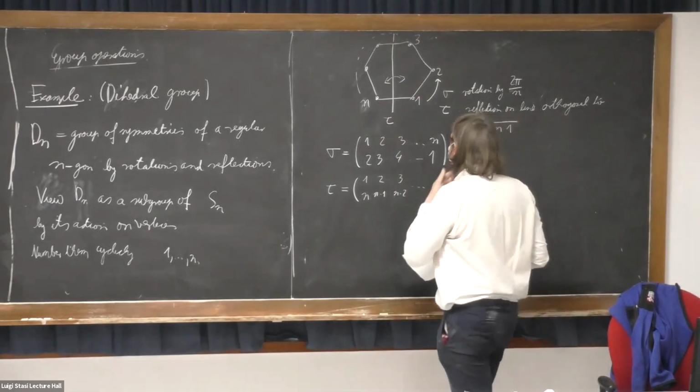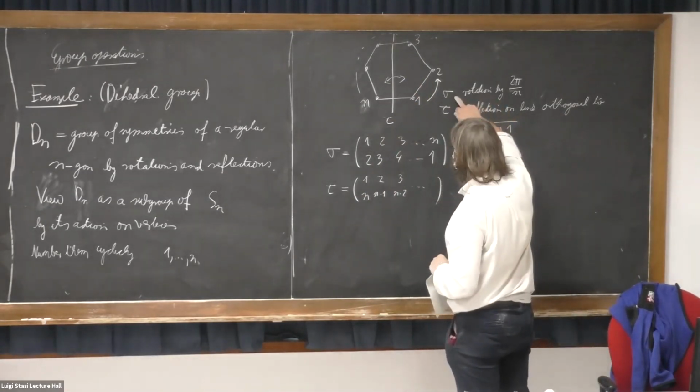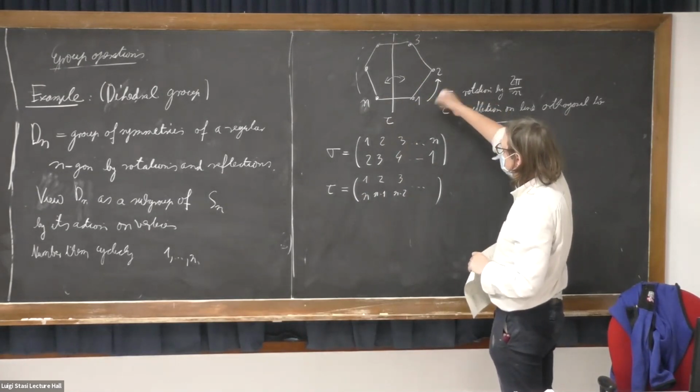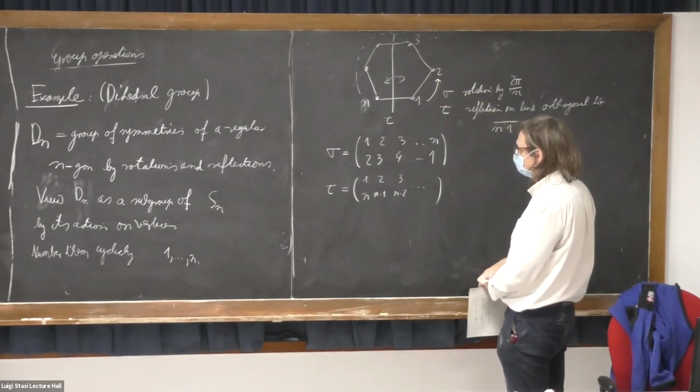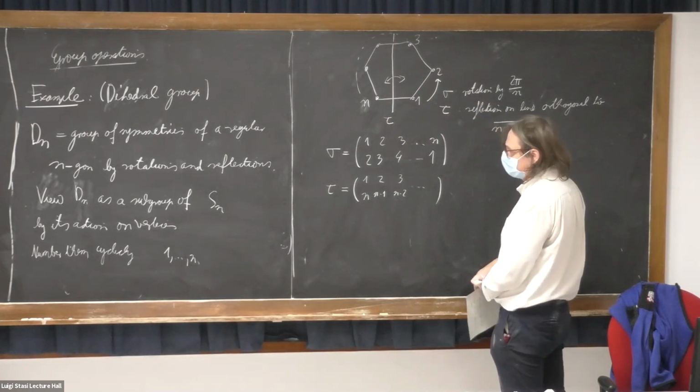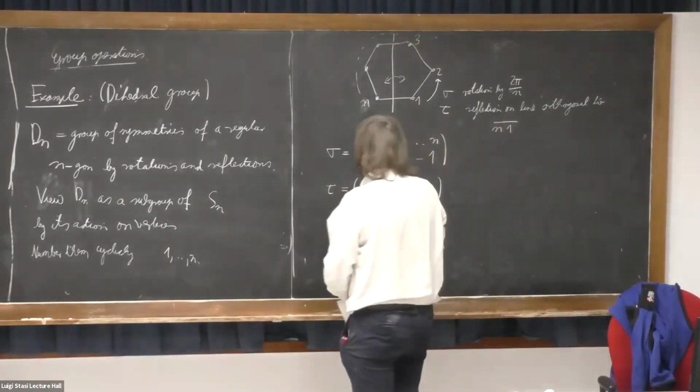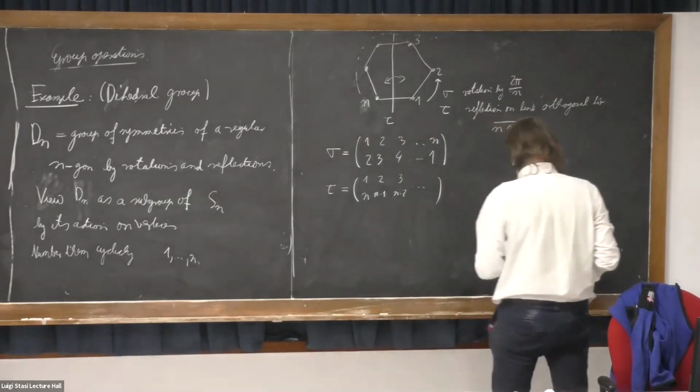Now you can see that by these two operations, by combining them, composing them, we can do any reflection and any rotation of the regular n-gon.